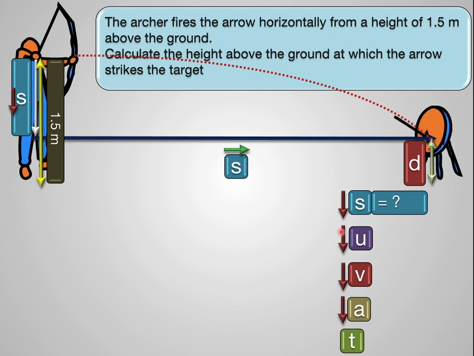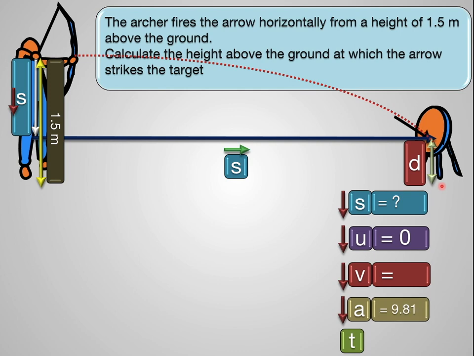Vertical initial velocity, that I know, it's 0. We have already discussed about this in the previous part. Final velocity, still don't know. This vertical final velocity I have no idea. Acceleration is plus 9.81. Time, of course we found the time in the previous step. These are the quantities in the vertical direction.